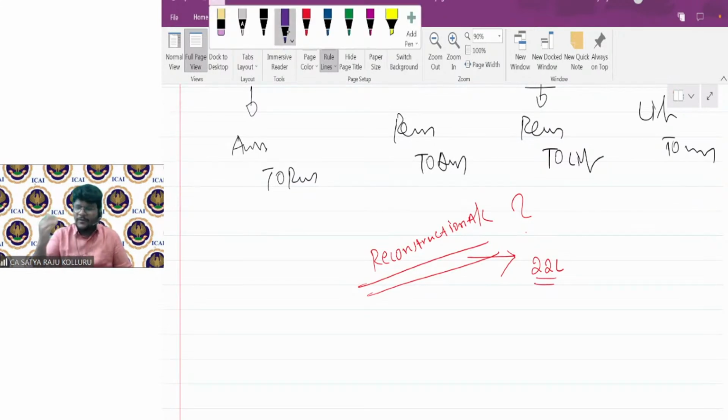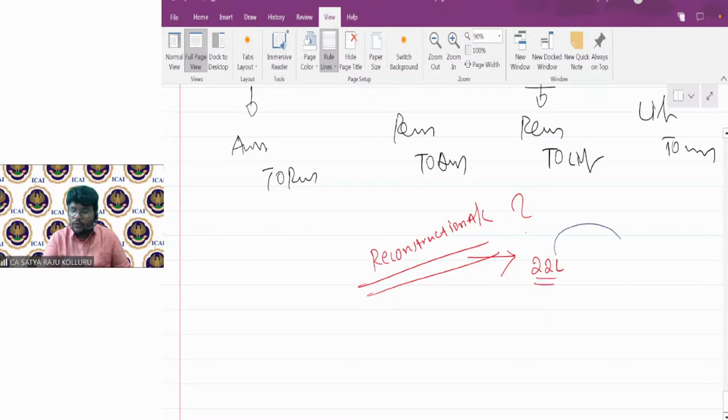Now, what is the objective of my internal reconstruction? To set off the P&L losses, right? Whether it is mentioned in the problem or not, out of the profits we are getting through the internal reconstruction process, you need to set off the P&L account debit balance. Let us assume I have a P&L account debit balance of 15 lakhs.